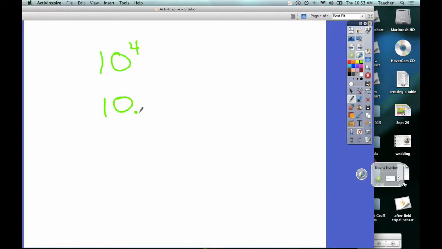Everybody? 4 places. Which direction? To the right. The reason you don't want to look at it and say, I'm going to add 4 zeros, is because if you divided by 10 to the power of 4, you'd have to move this decimal to the left 4 places. So that's why you want to look at it like I'm moving a decimal. 1, 2, 3, 4.